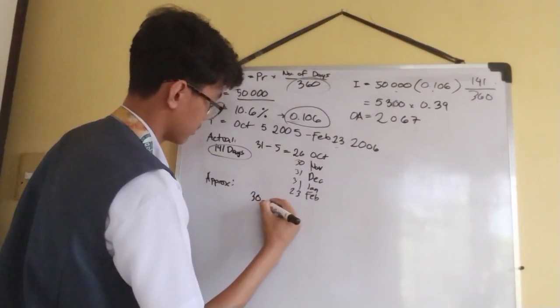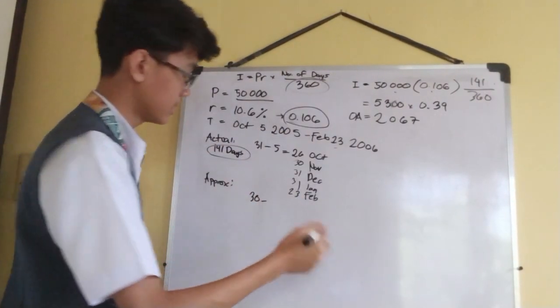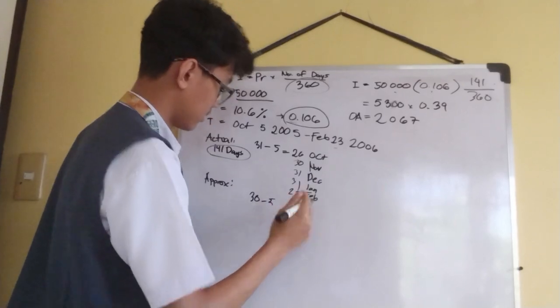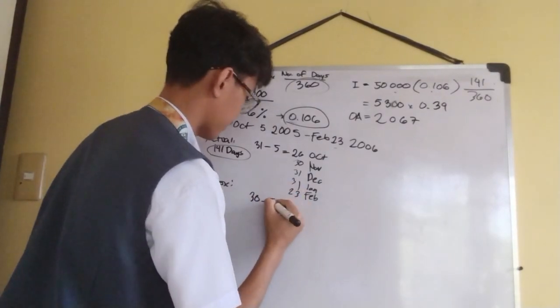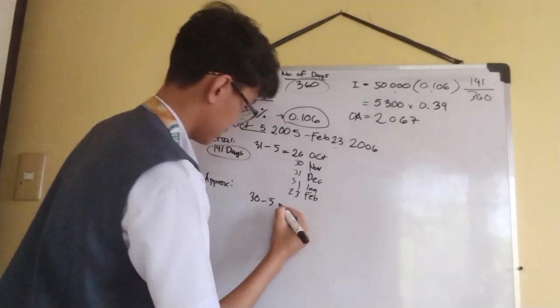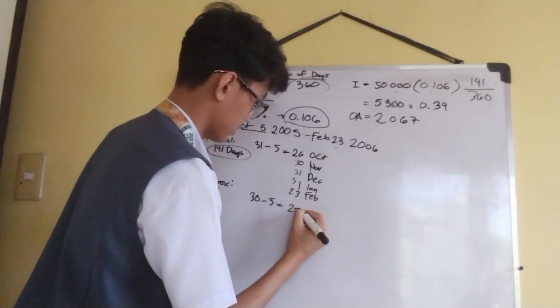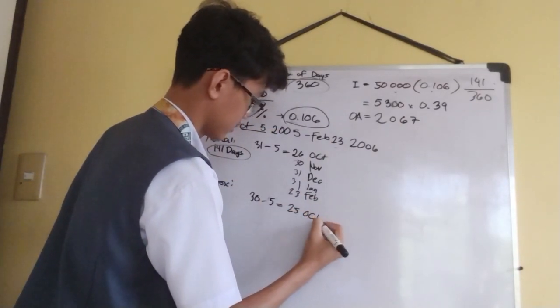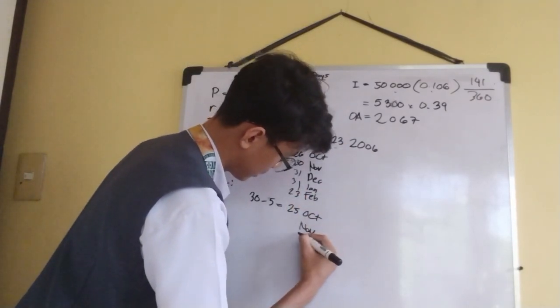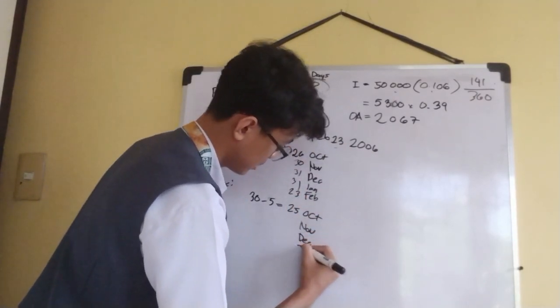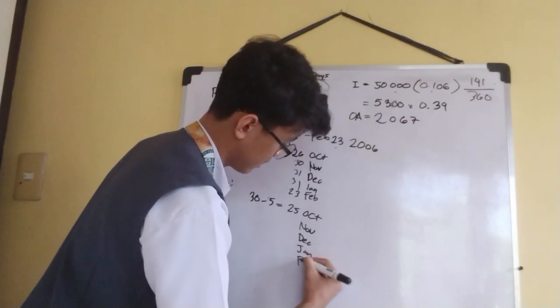Let's go with approximate time. So just list all months as 30 days, then take the 5 from October, that'll be 25 for October. Then list all the months: November, December, January, February.